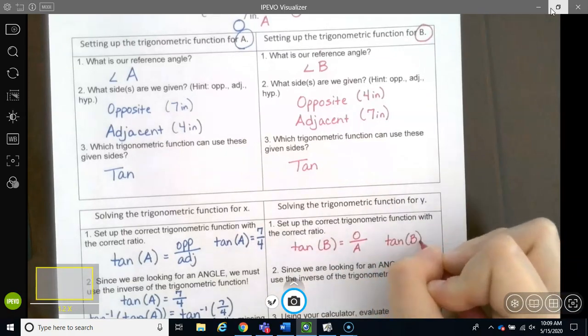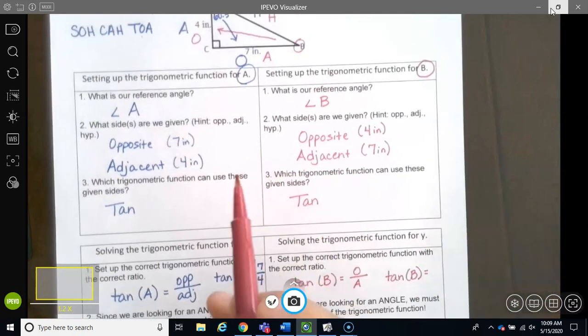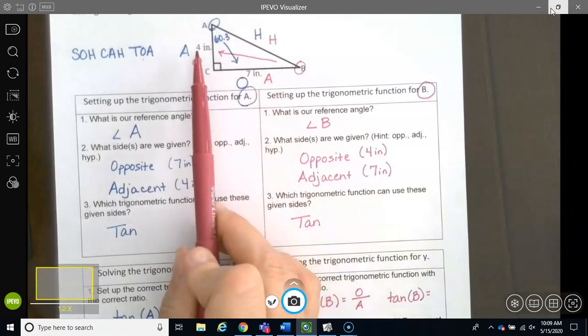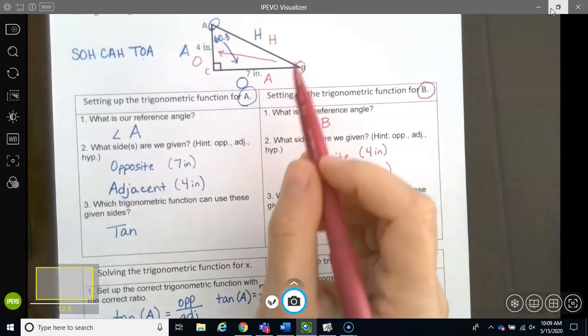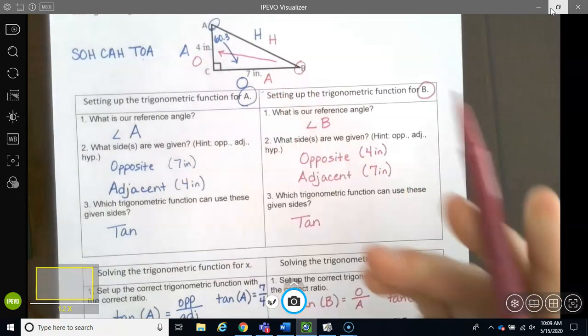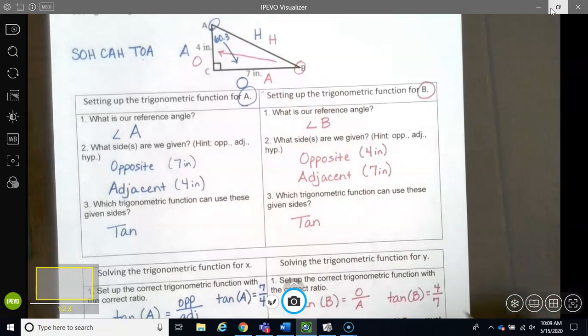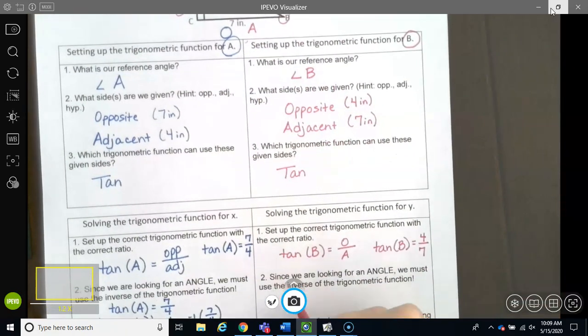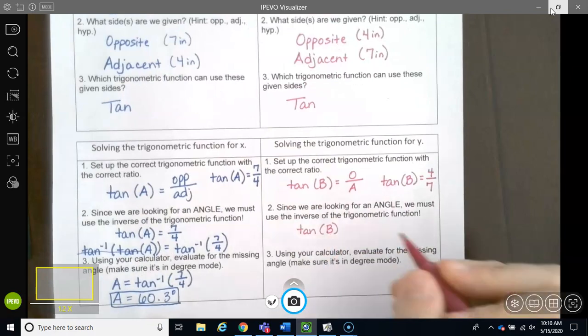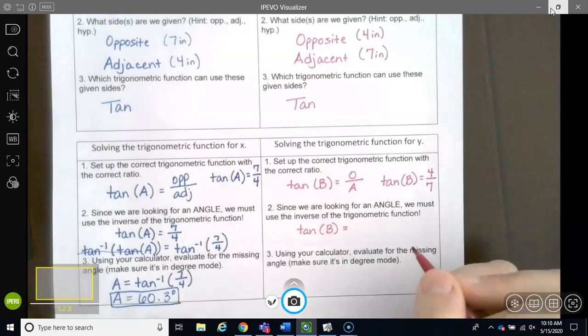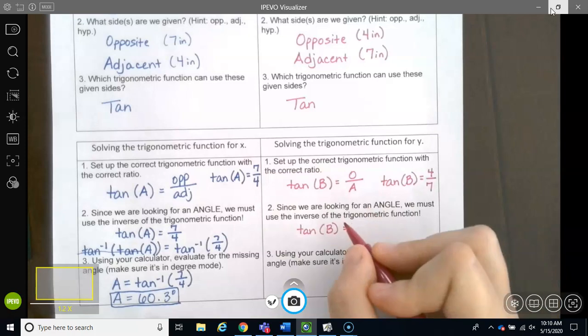The side opposite angle B is the 4-inch side, so it goes 4 over the adjacent side to angle B, which is the 7-inch side. So our equation is tangent of B. Your angle always goes in the parentheses, next to the sine, cosine, or tangent. And then 4/7.